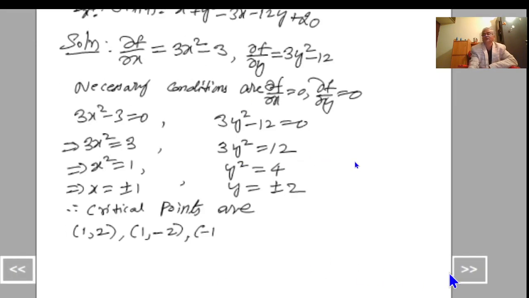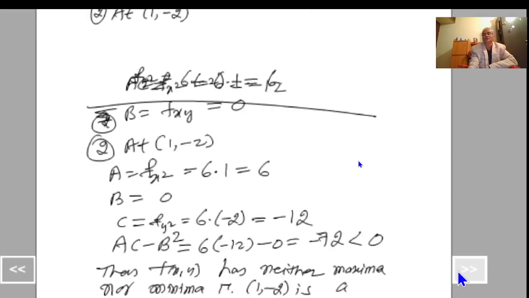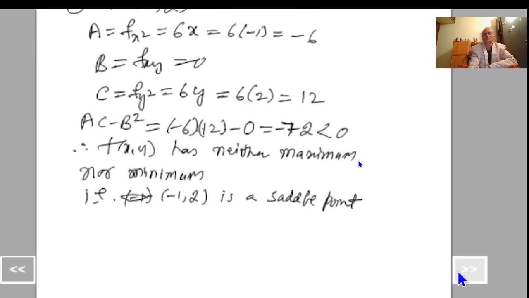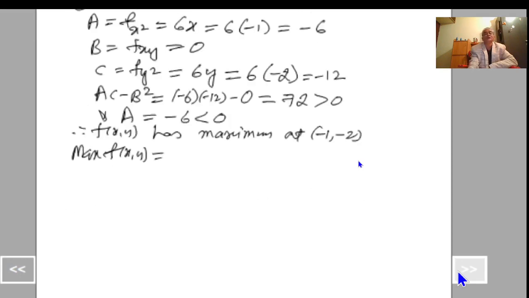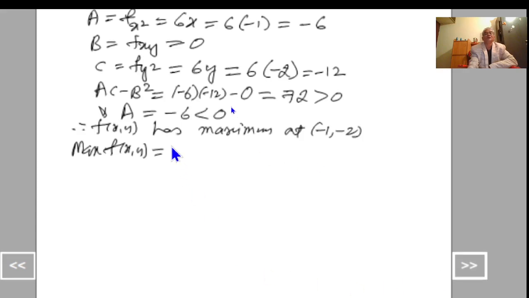So here x cube is minus 1 cube. Okay, minus 1 cube is minus 1, plus y cube, y equal to minus 2, minus 2 cube is minus 8, right?